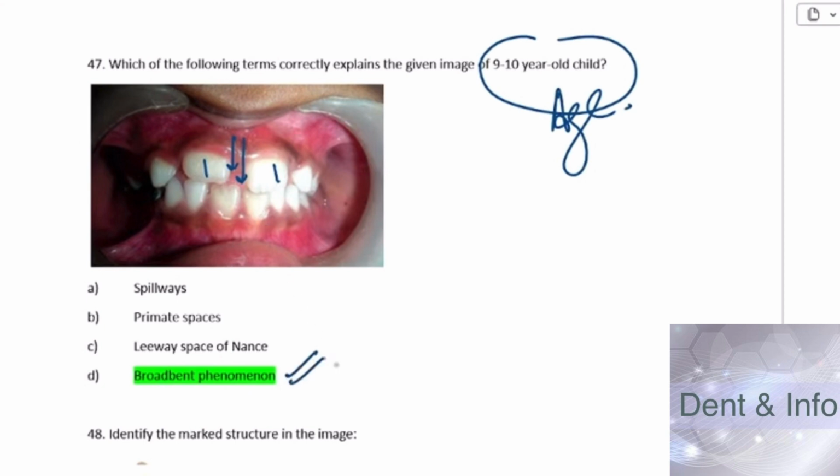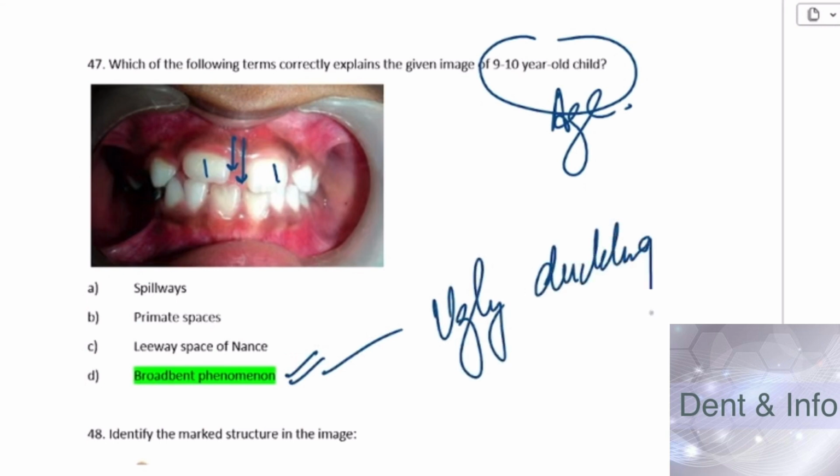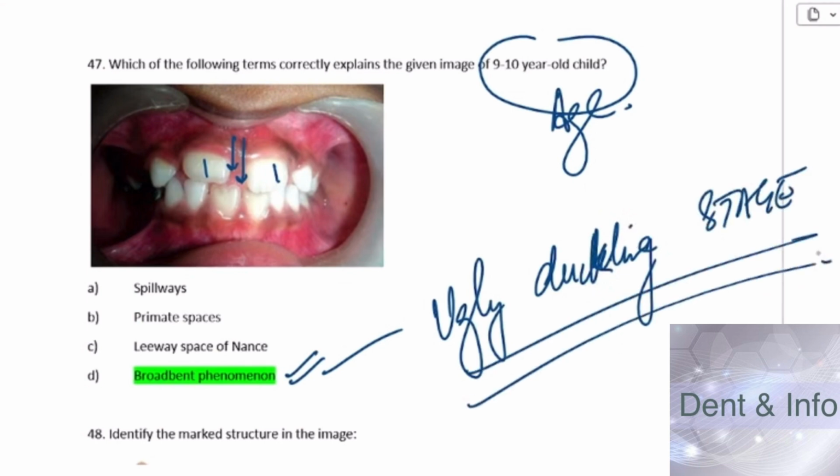Broadbent phenomenon, also known as ugly duckling stage, seen at the time of eruption of canines. It is a self-correcting anomaly, a self-correcting malocclusion. Once the canine erupts, the space will close. So after 12 to 13 years, if it still persists, then treatment is required, otherwise observation.